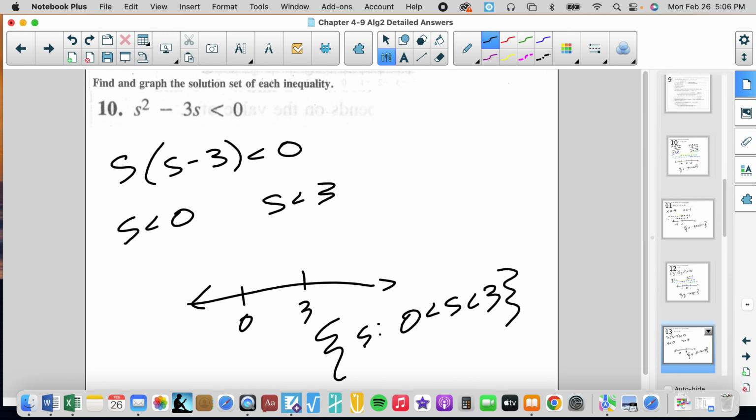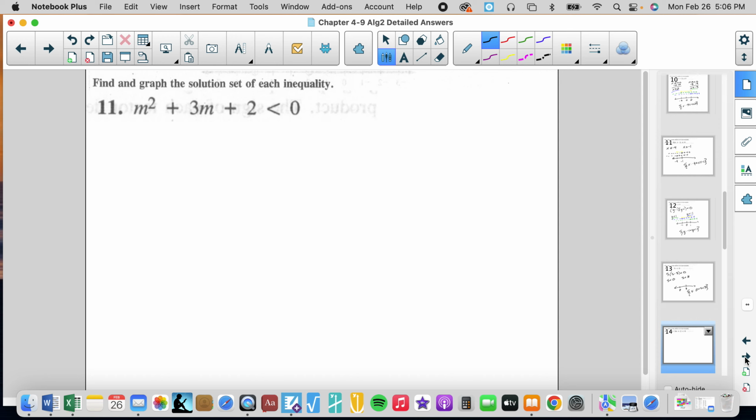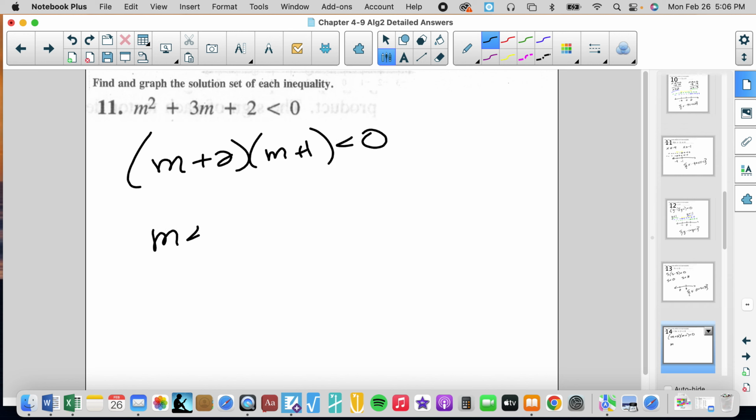Is that what 10 is? Yes. Okay. We can get this even faster. We just have to factor: m plus 2, m plus 1 less than 0. So m is less than negative 2. M is less than negative 1. Negative 2, negative 1.